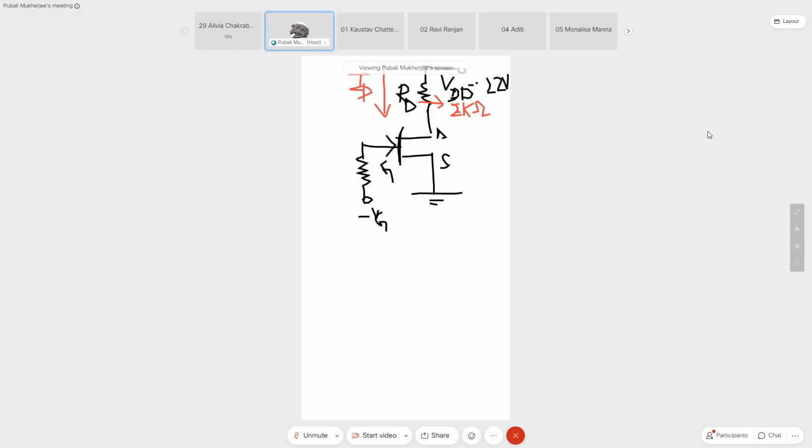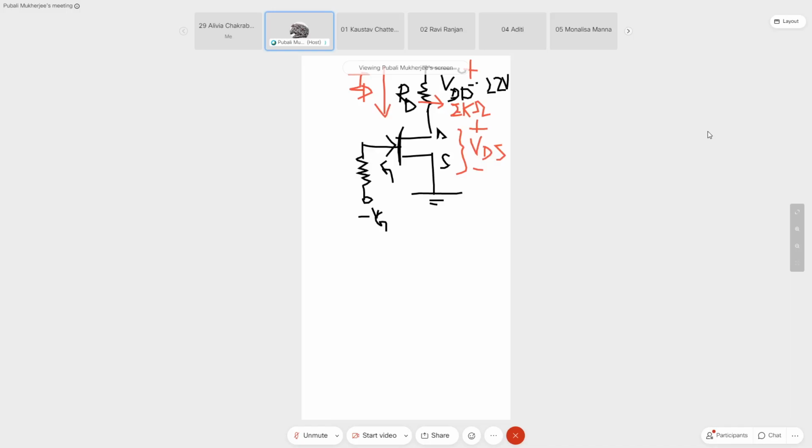You know why I have drawn the direction in that fashion: conventional electrons flow from the channel towards the drain terminal, and therefore the conventional current will flow in the direction that I have marked ID with. So this is the figure, and this here is plus minus VDS. So this is the circuit that we are going to analyze to start with.